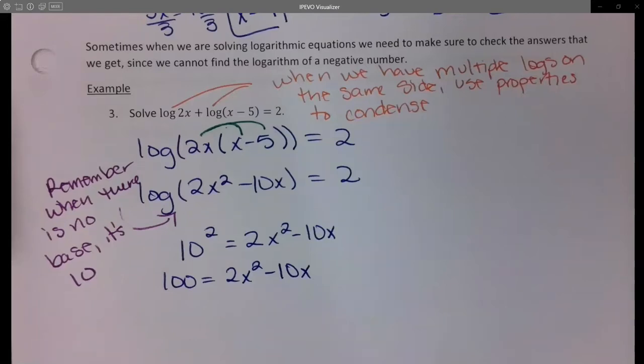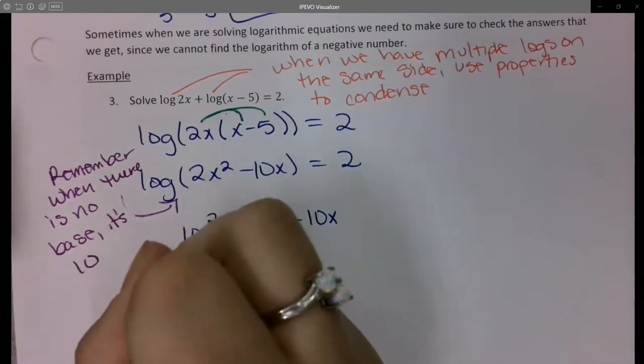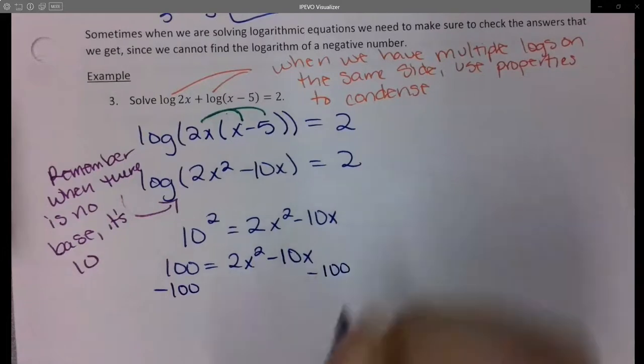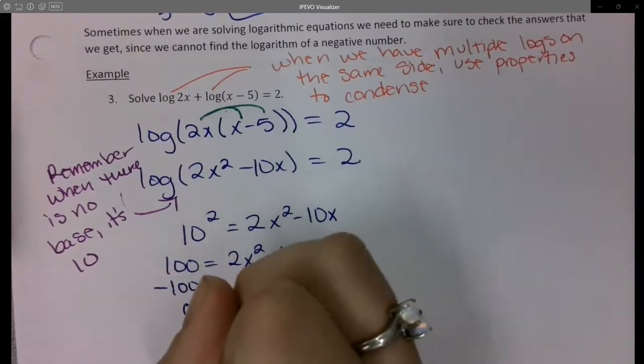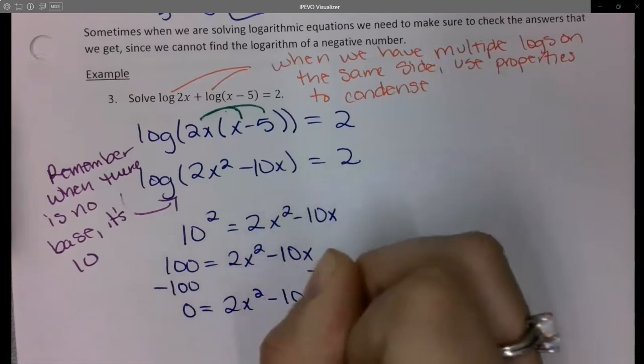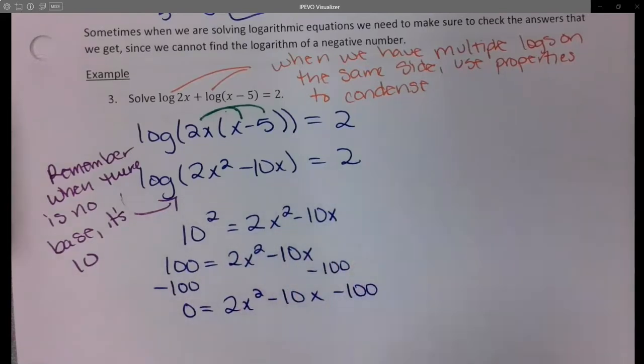So then I want to go ahead, because this is quadratic, I want to get everything over on the same side. So I'm going to subtract 100 on both sides. On my left side, it's going to cancel out. On my right side, there's nothing I can combine it with, so it's just going to go on the end.